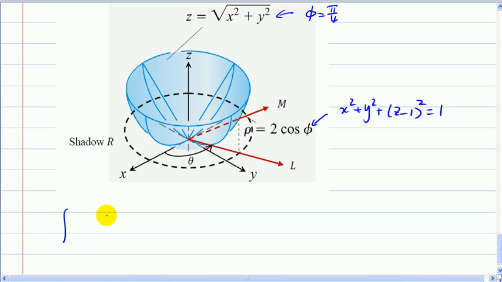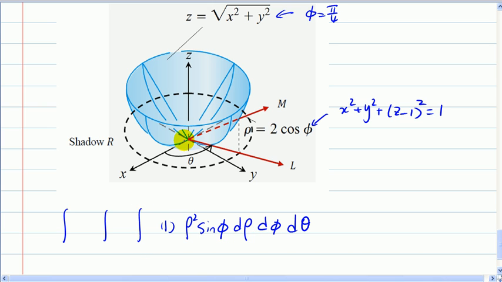So let's put down the triple integral setup. Your integrand is 1 because we're talking about the volume. The triple integral setup is rho squared sine phi, d rho, d phi, and d theta. So the first thing is we integrate with rho, so we're looking for rho min and rho max.